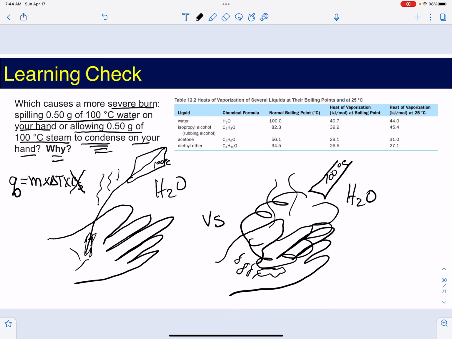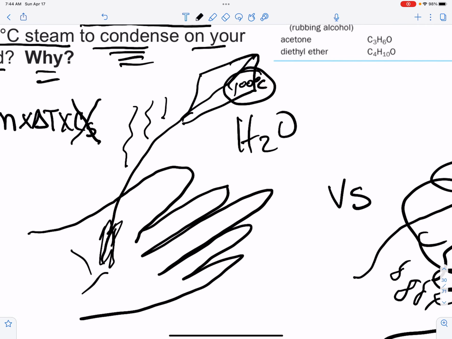On the first one, the water is at 100 degrees, so we're talking 100 degree water, and it's coming into your body, and your body is around 97 degrees, something like that. It fails my memory right now. So your human body temperature is less than 100.